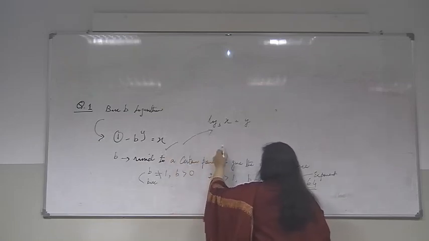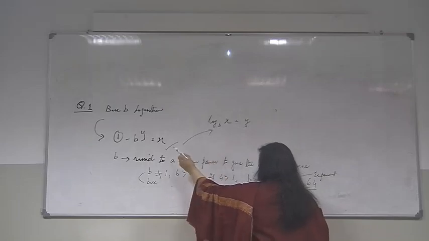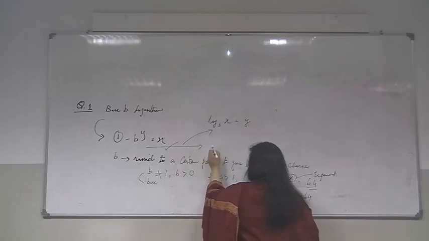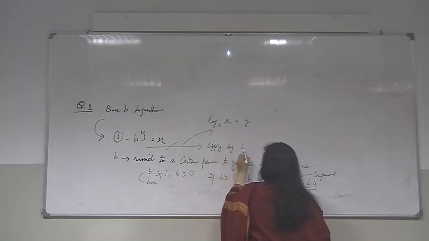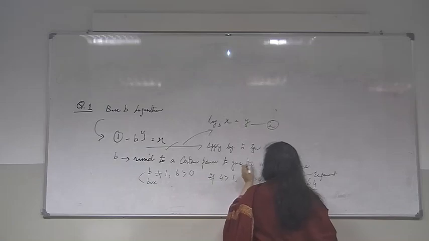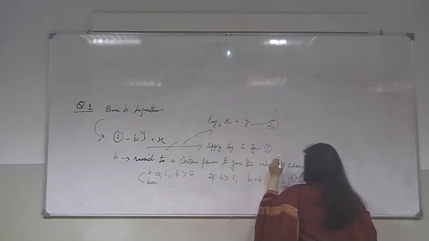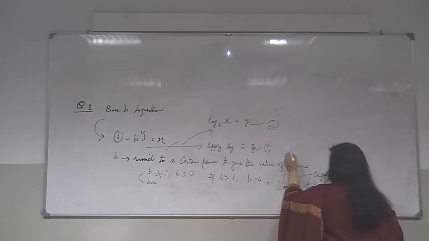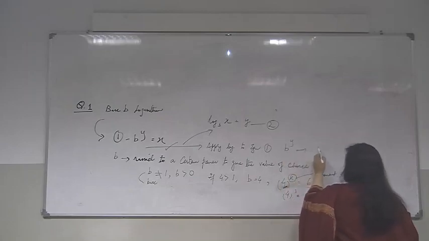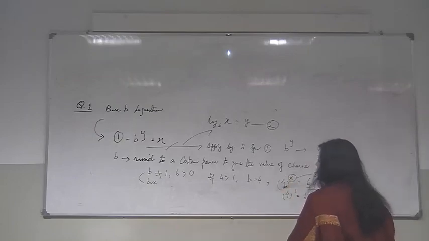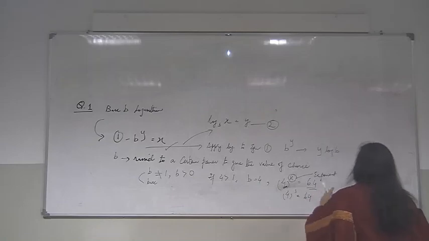How you interpret it is that when you apply log to equation 1 on the right side, it can be written as y log b, basically. But we are not going to be doing this at this time because we need the power on the other side.